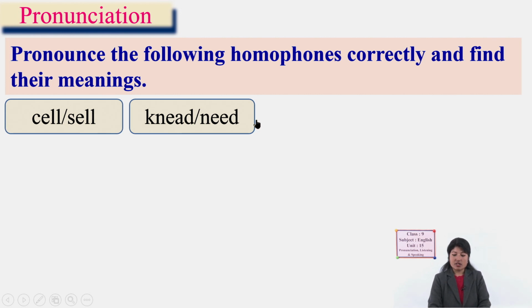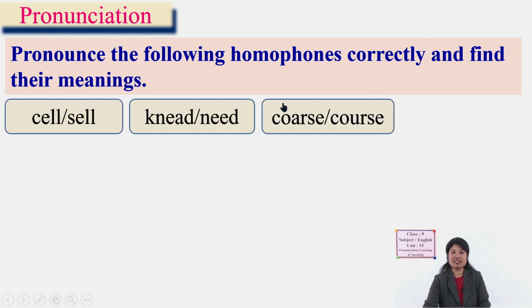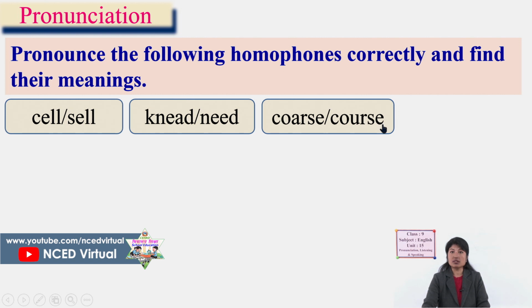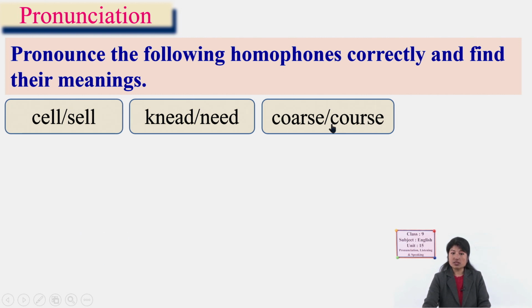Next pair of words. Let's see what the next words are. This is coarse and course. C-O-A-R-S-E, coarse, and C-O-U-R-S-E, course. Coarse and course have the same pronunciation, and the difference in meaning is that the first, coarse, means rough.